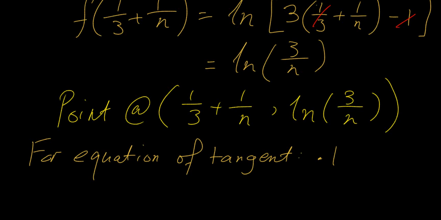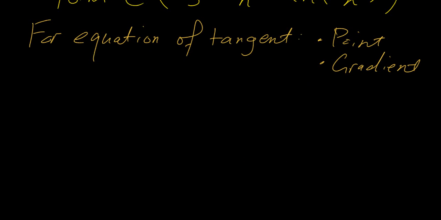One is your point, which we just got, and the other is your gradient, which was n. That's given to us. Let's put it in the form y minus y1 equal to m times x minus x1, which is normally how we find the equation of a tangent.